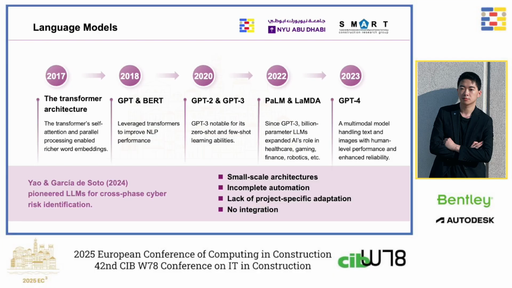For example, it relied on small-scale models, used outdated data, and most critically, provided only partial automation, still requiring up to 6 hours of manual work to summarize the risk checklist and lacked any integration capabilities. Our new research addresses this gap by delivering an efficient, fully automated, and easily integrable solution.